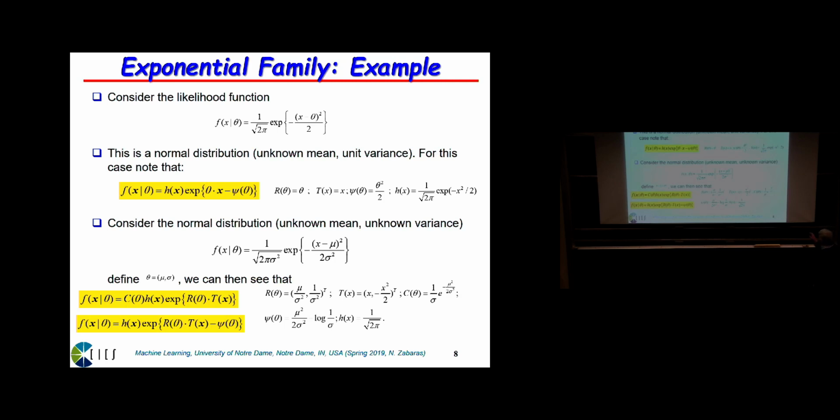If both the mean and the variance are unknown, you will have to introduce some vectors, put it in the first form, and you see the equations here. Now, if we have time, I'm going to spend at least one lecture on generalizing many of the concepts of this course for the exponential family.